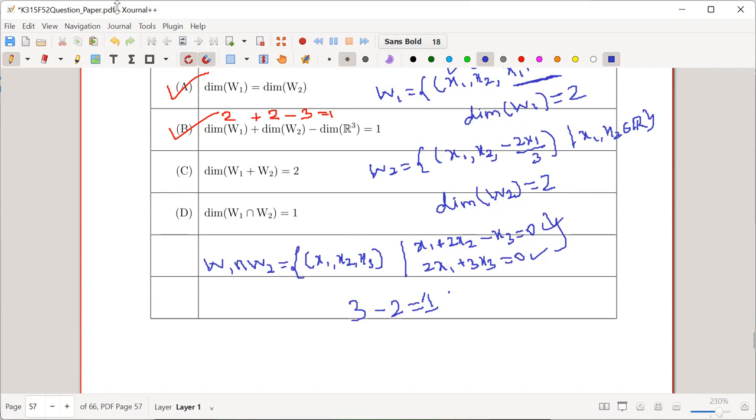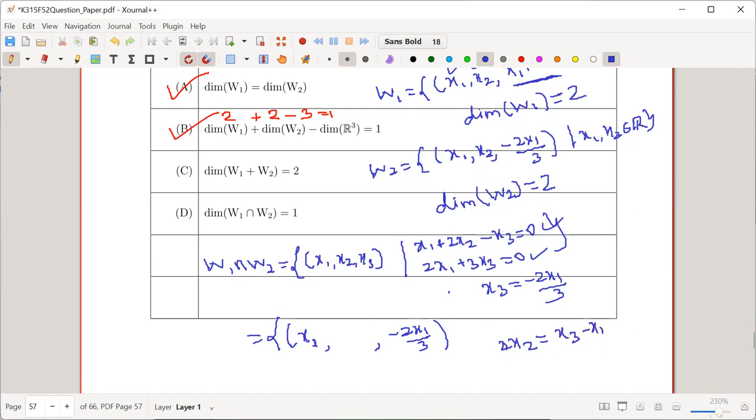Otherwise, we can reduce the variables. From the second equation, x3 can be written as minus 2 times x1 by 3. Now look at the first equation. 2 times x2 is nothing but x3 minus x1, and if we divide by 2, we get x2 in terms of x3 and x1.